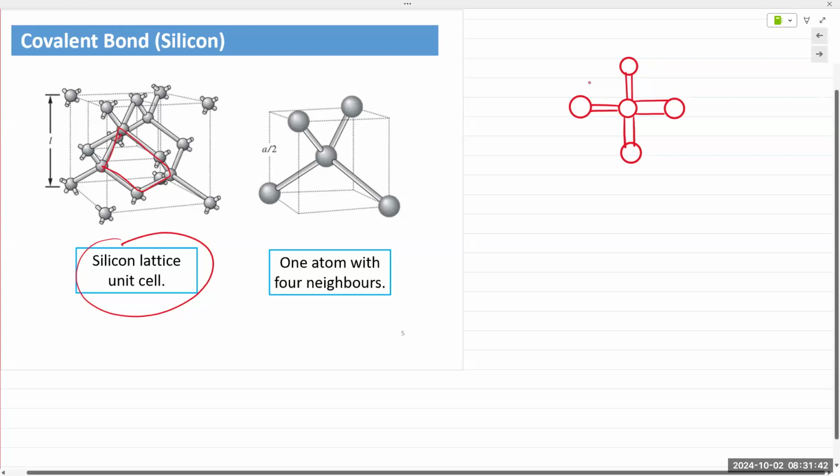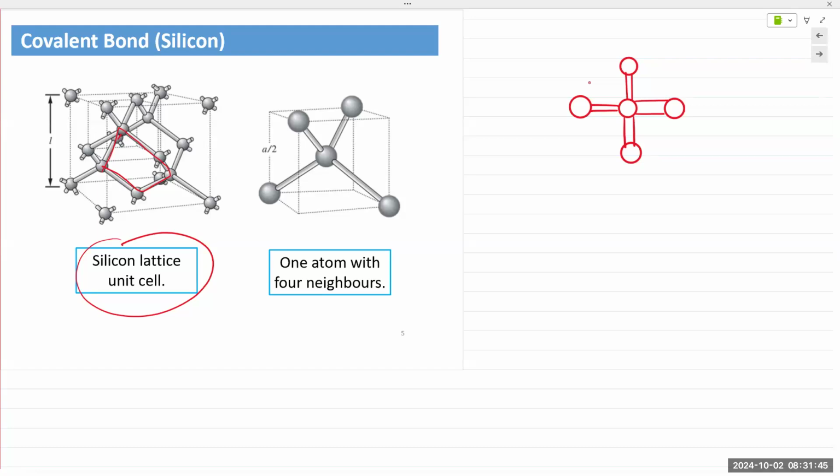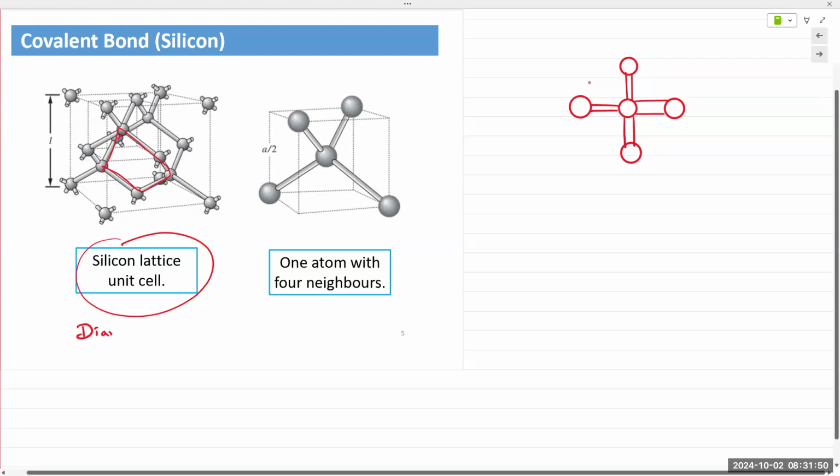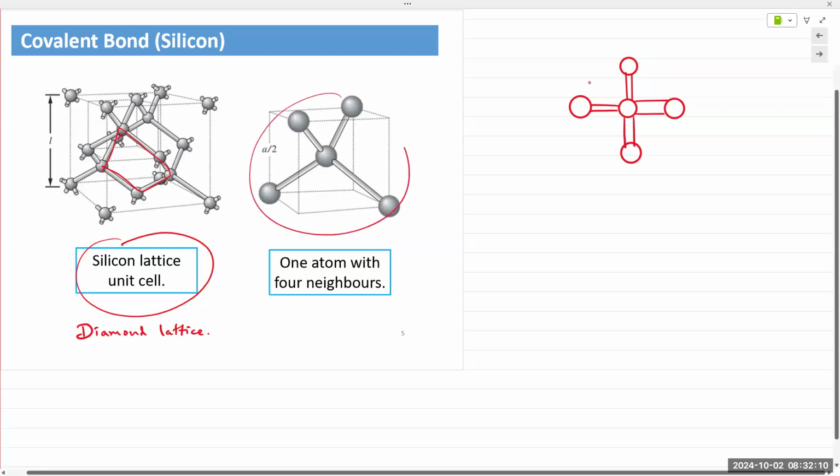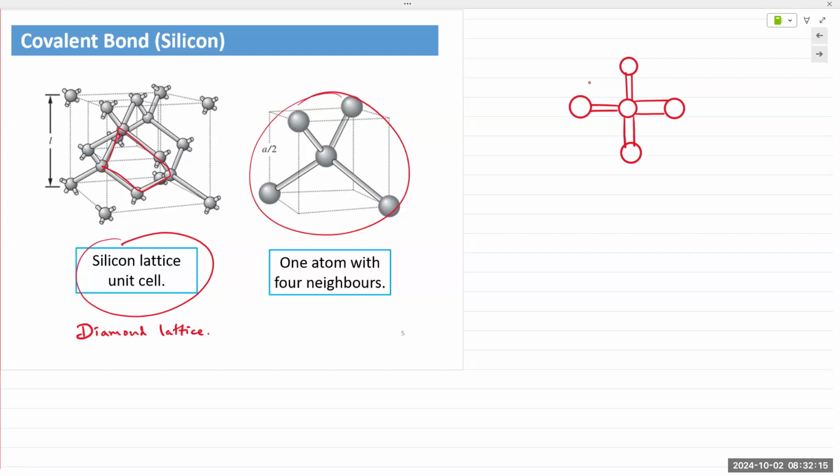It forms a diamond shape, and so the silicon lattice structure is also known as a diamond lattice. To be clear, this has nothing to do with the material diamond. It's just the shape of the silicon unit cell. And this of course shows an even closer view of one of the corners where 1 silicon atom is connected to 4 neighboring atoms.